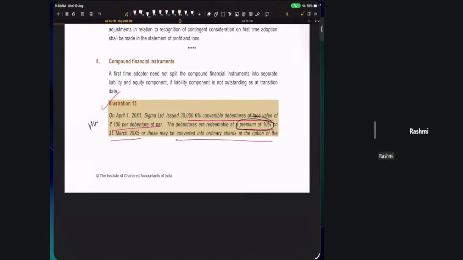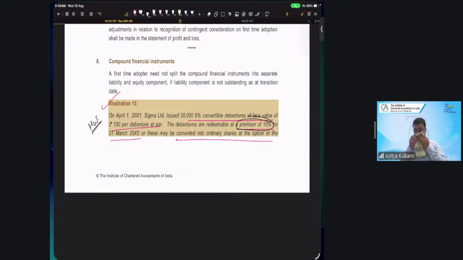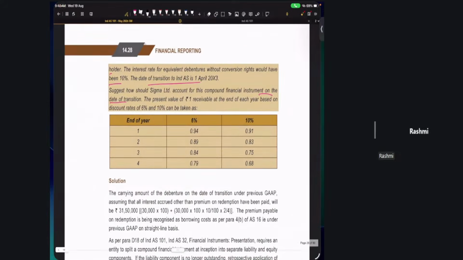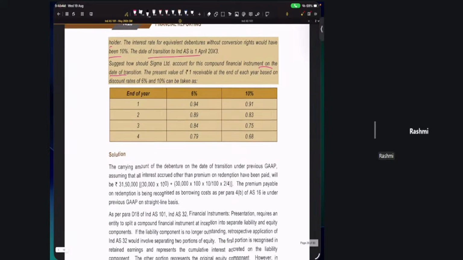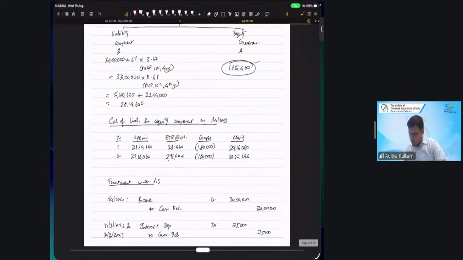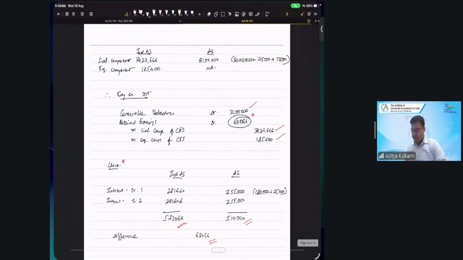Only thing is here there is a premium of 10% on redemption. You should get the answer.